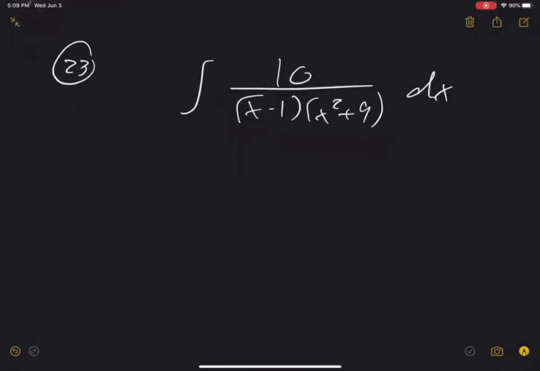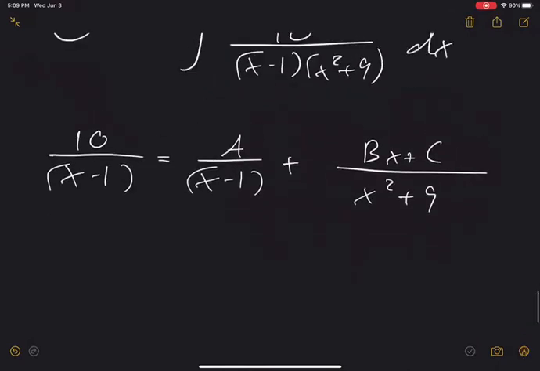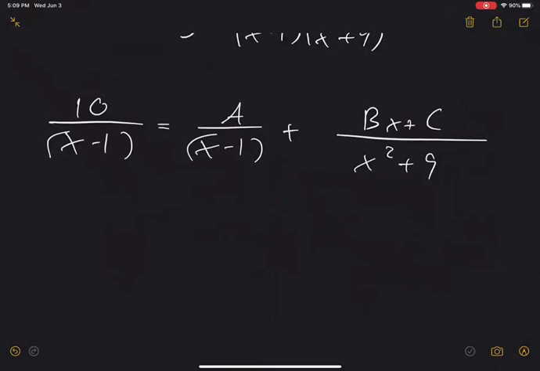So I know when I split up my fraction, when I apply partial fractions, it's going to become this: A over x minus 1 plus bx plus c over x squared plus 9. And again, if you guys are doing things in a different order, that's fine. Order doesn't really matter.